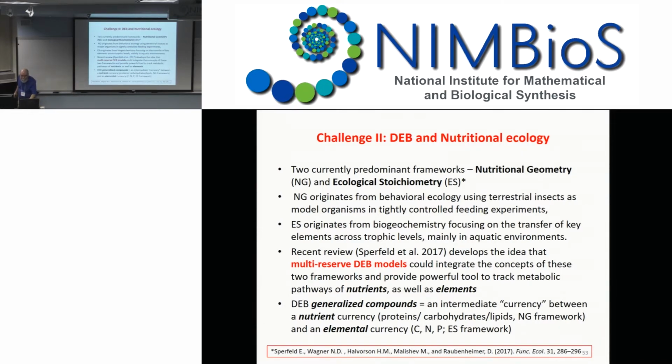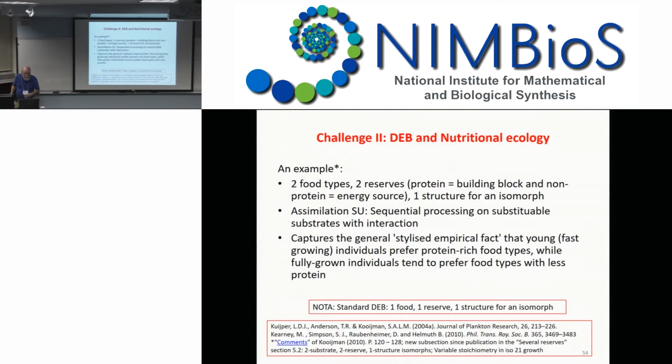And what I mean by multi-reserve DEB models are models like, for instance, a model that takes account of multiple food types, multiple reserves, but one type of structure.